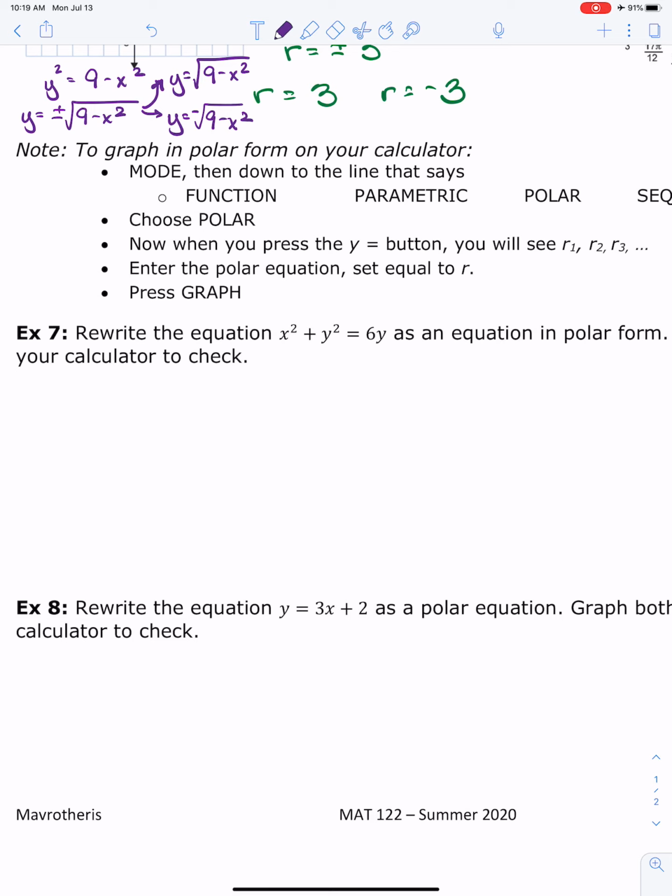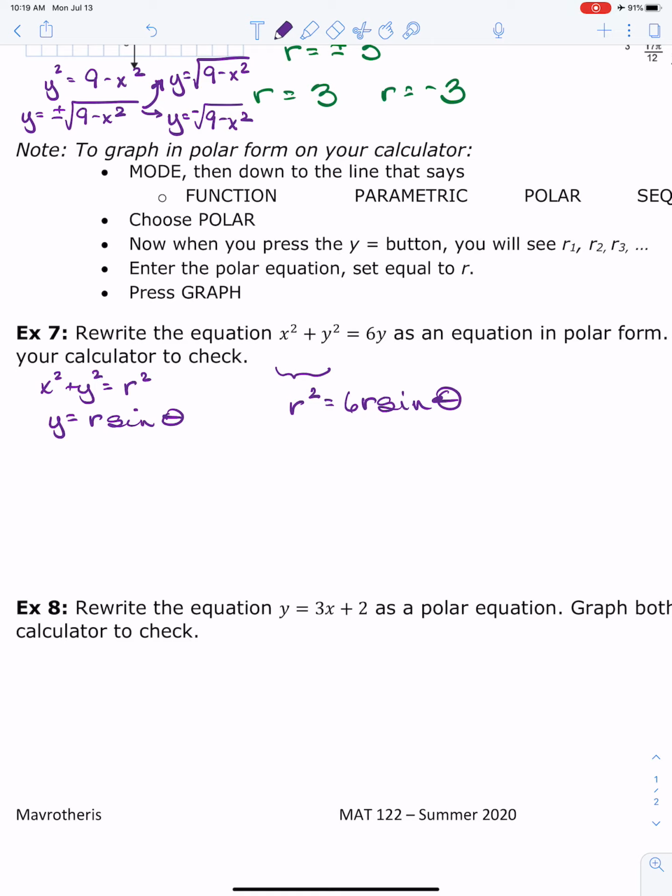Example 7, we want to rewrite the equation x squared plus y squared equals 6y. And we're going to use a couple different things. I got x squared plus y squared equals r squared. I also have y equals r sine theta. And so I am going to replace on both sides. My x squared plus y squared part becomes r squared. My y becomes r sine theta.